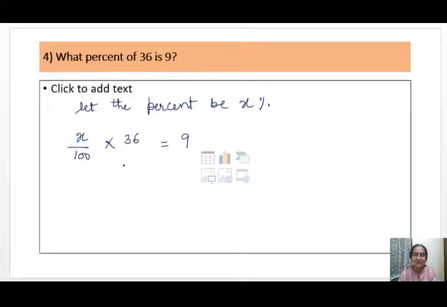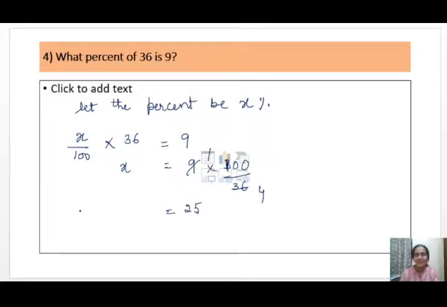You have to find out x, transpose 36 and 100 to the right side. While transposing you will get 36 as the denominator and 100 as the numerator. 100 as the numerator, 36 as the denominator. 9 ones are 9, 9 fours are 36, it is 25.